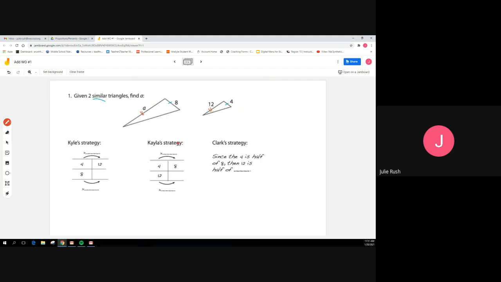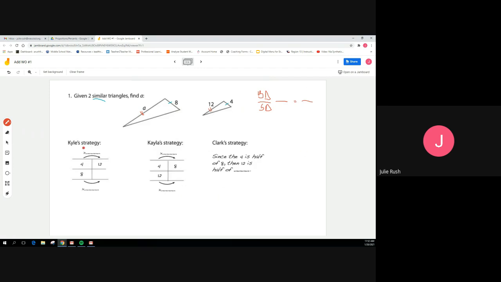If you wrote it in words, I have what I'm going to call my big triangle and then my small triangle, and then I can set up my proportions like so, where I have side 1 and side 2. Or I could reverse it and do side 1, side 2, big, small triangle, however you want to do that.